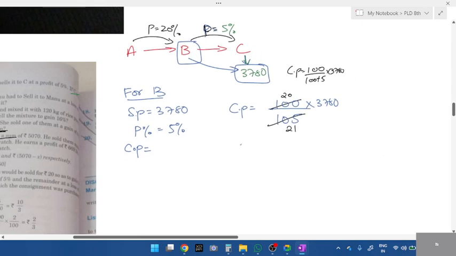How many times it goes, students? 7 fives are 35, 540. 3 ones are 3.